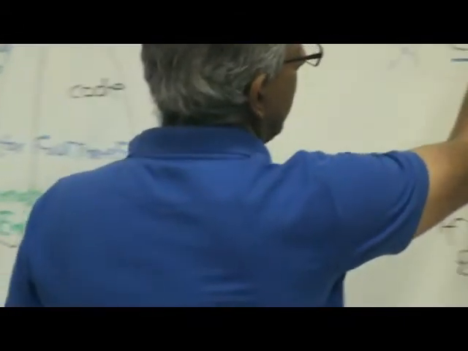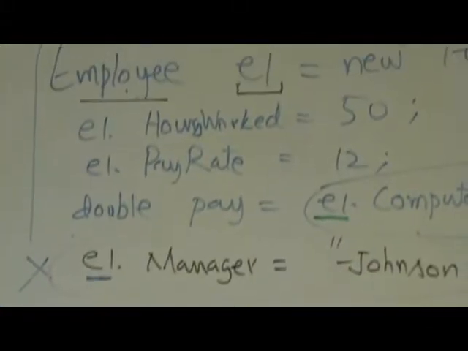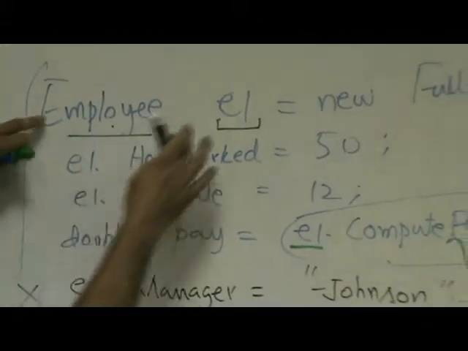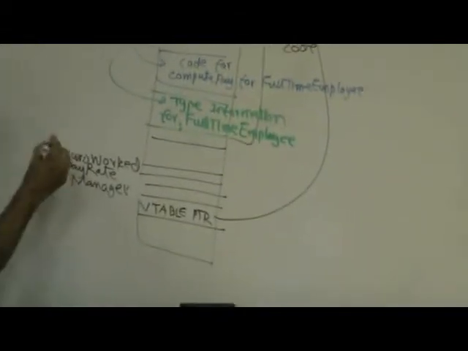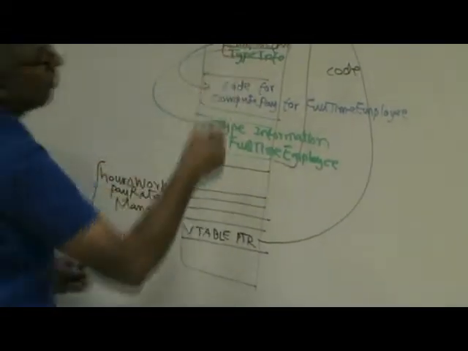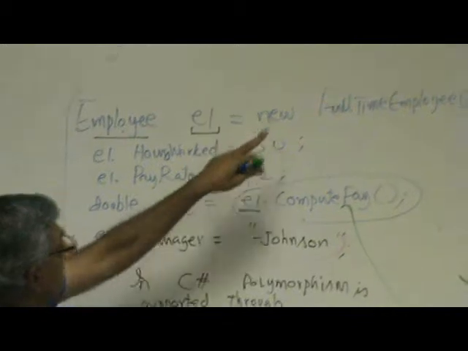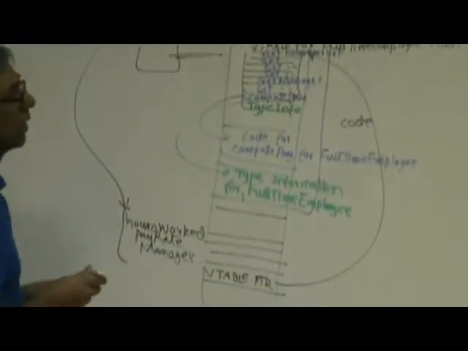Let's go to employee E1 equal to new FullTimeEmployee. First, Employee E1 will create this reference E1. New FullTimeEmployee will create memory for the full-time employee. And because we said Employee E1 equal to, this will end up pointing to over here.